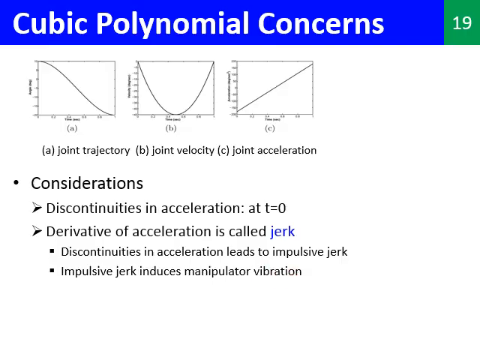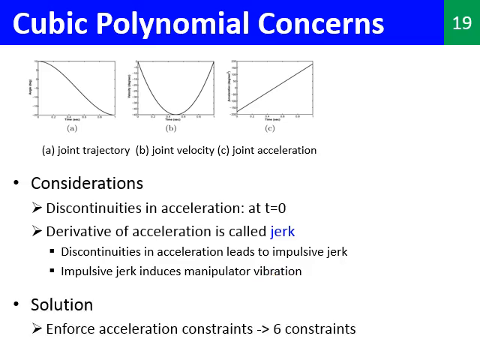So how can we overcome that problem? Now we can enforce two more constraints, that is acceleration constraints, right? So altogether we can have 6 constraints instead of 4, and we can have a fifth order polynomial to ensure that we have a smooth curve for joint acceleration as well.